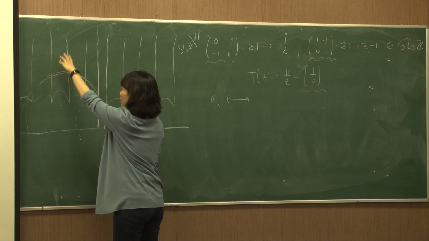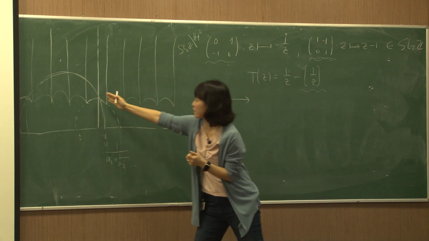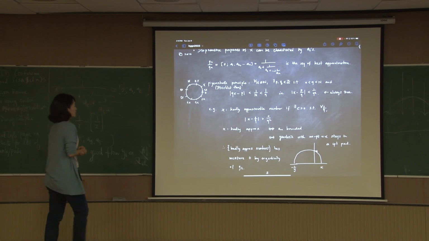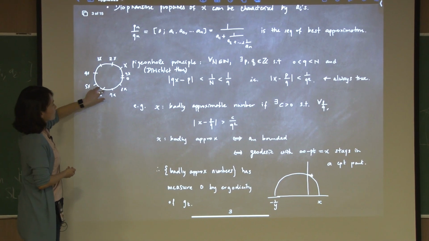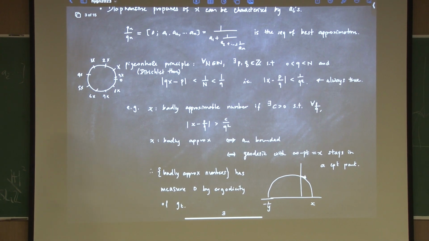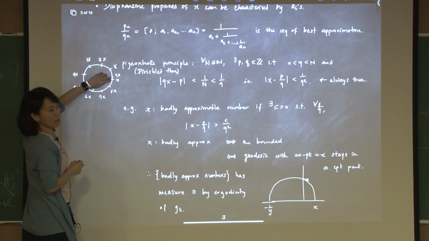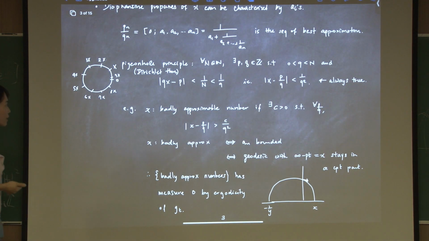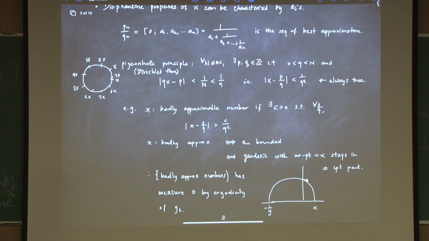Then the number of vertical fundamental domains that we have to pass before we come back is counted, and Pn over Qn is the best approximation. Using the pigeonhole principle, or Dirichlet's theorem, on these intervals, you can show that there exist P and Q such that Q is less than N and |Qx − P| is less than 1 over N, so it is less than 1 over Q. So we know it's always true that |x − P/Q| is less than 1 over Q squared.